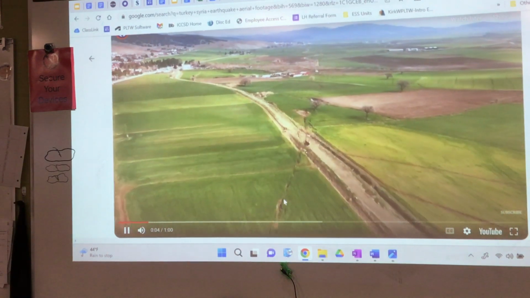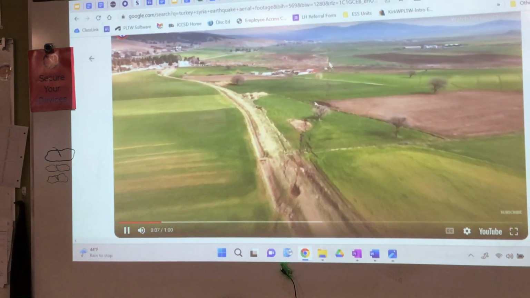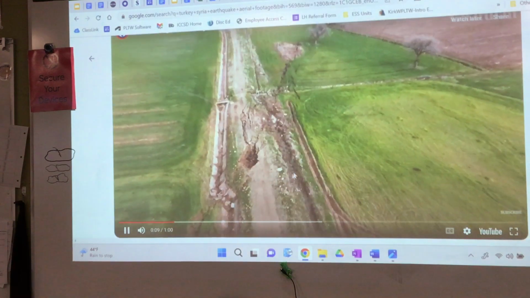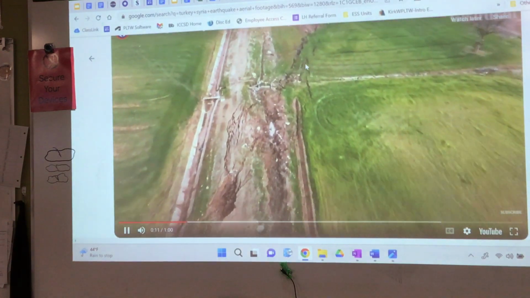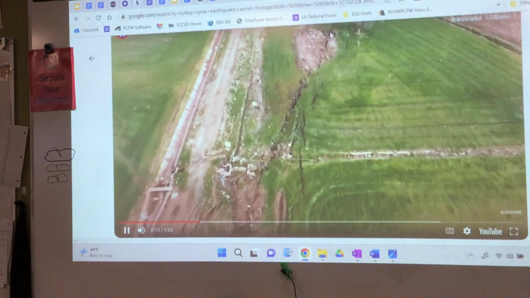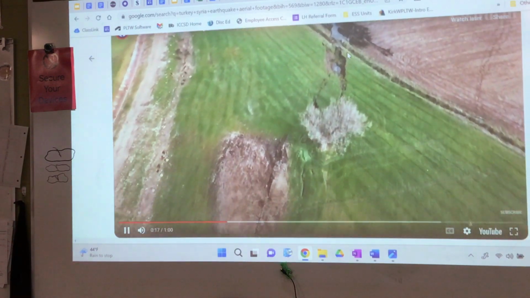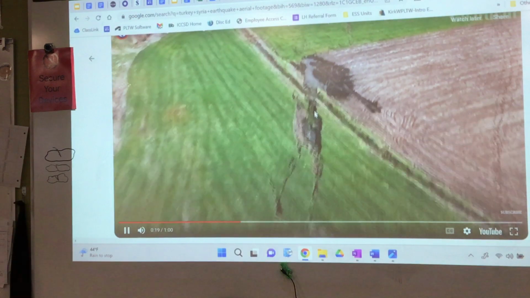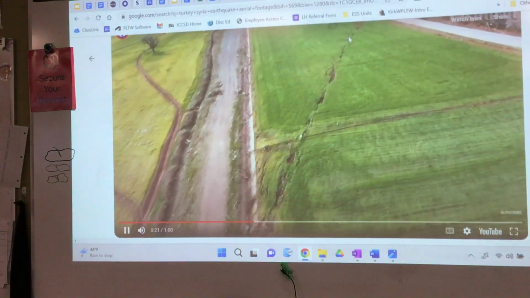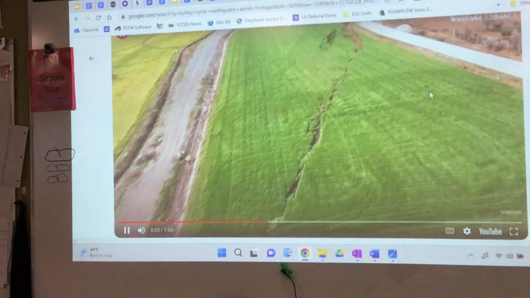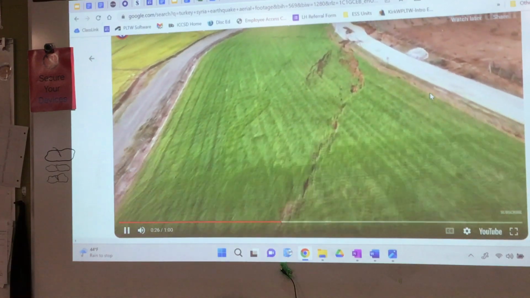So look at the crack. Do you see the crack all the way running through? When I look at this, I was going to say shear force. Yeah, it looks like a transform kind of situation. And roads were totally destroyed, so of course you can't get in there to help people. It's just amazing the crack that ran through.